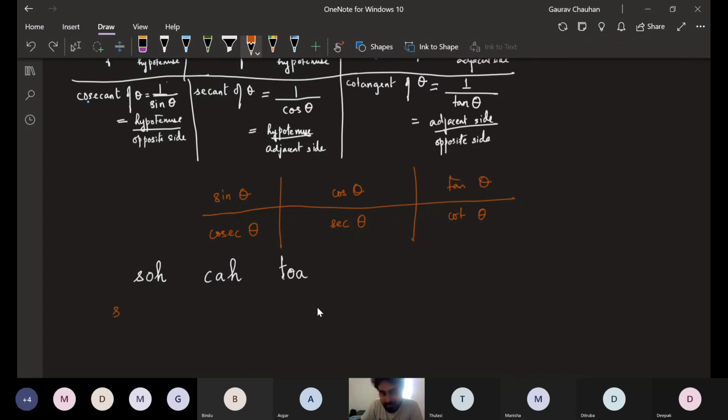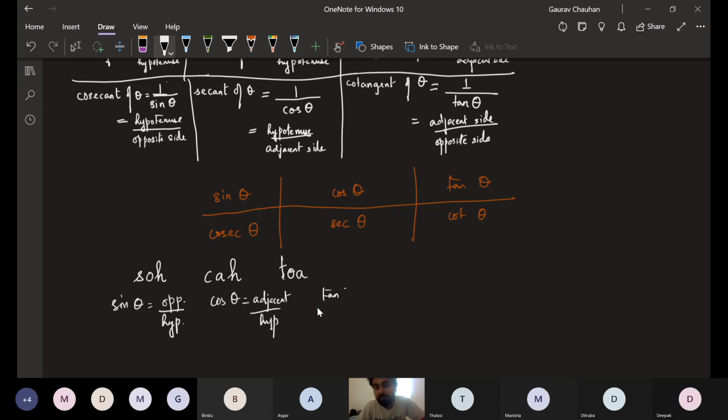Okay, sine theta is equal to opposite by hypotenuse. Cos theta is equal to adjacent by hypotenuse.